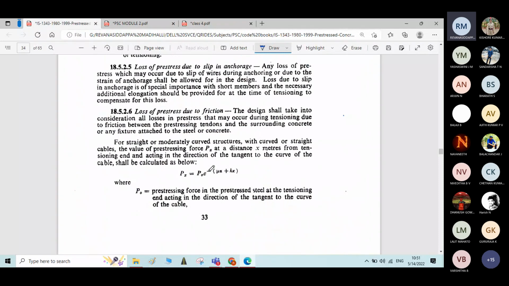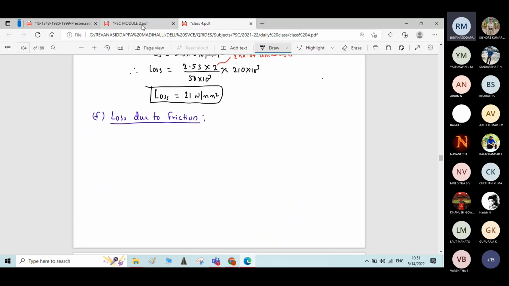Only the e power minus will not come; the rest of the terms will come as they are. So loss due to friction is calculated as P naught into mu alpha plus Kx. Using this formula, we will calculate loss due to friction.